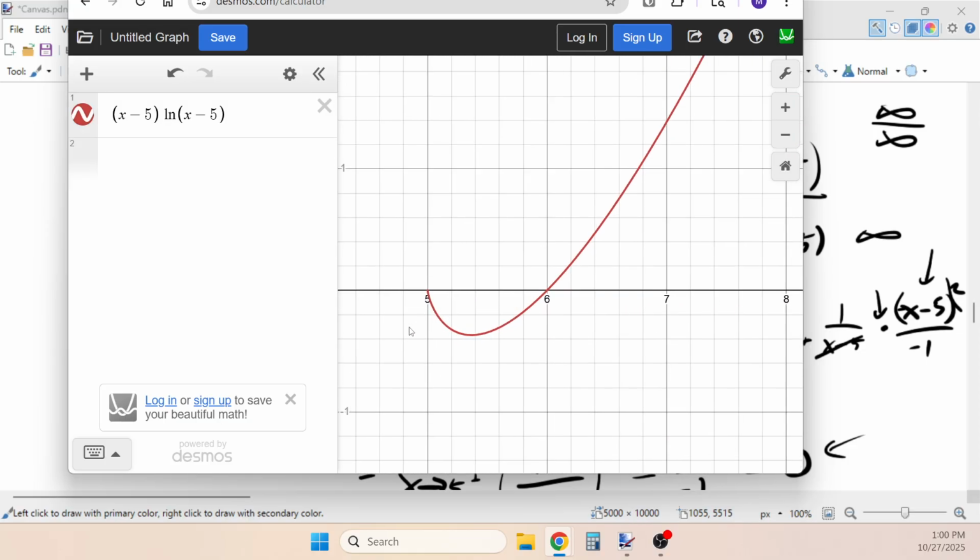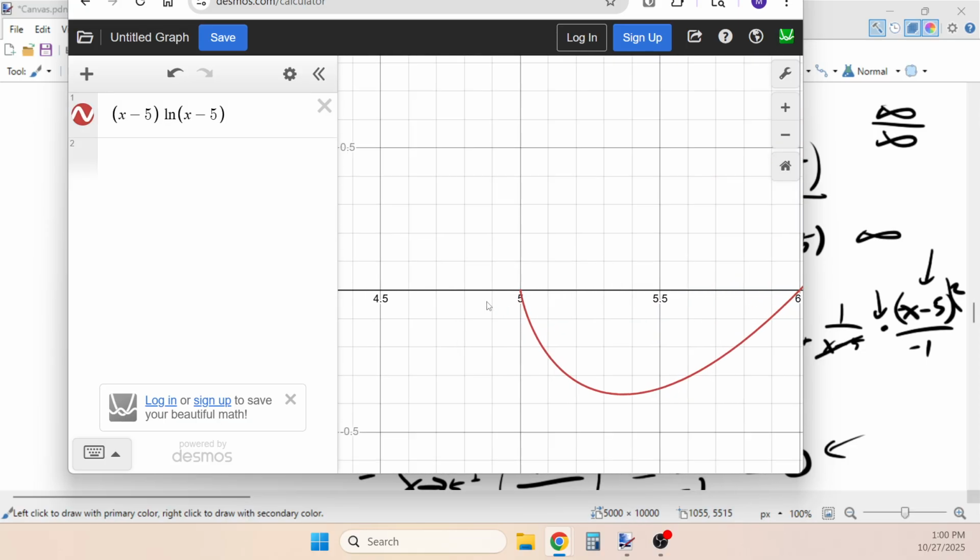Notice as x goes to 5, the y value goes to 0.